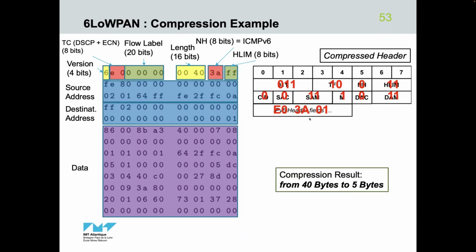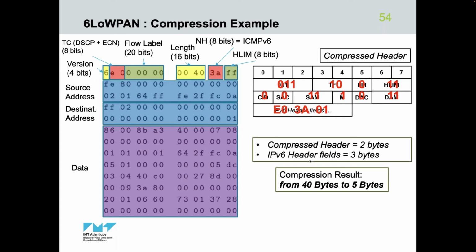And now let's see the results. So what we have here is the 6LoWPAN compression mechanism where we have achieved to compress the 40 bytes of the original IPv6 header down to 5 bytes. So which indicates quite a good efficiency level. So more specifically, we have 2 bytes because of the compressed header. So we're always going to have these 2 bytes.